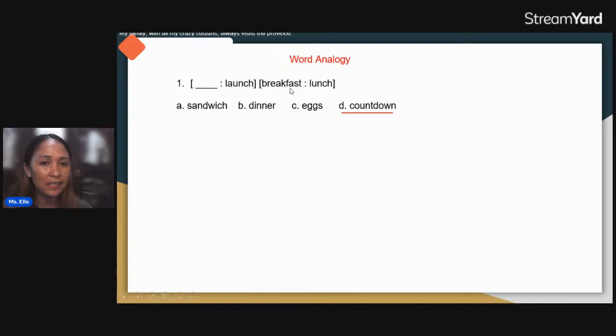That means the countdown comes first before launch. There will be no launch if we don't have a countdown. So we have countdown to launch and breakfast to lunch.